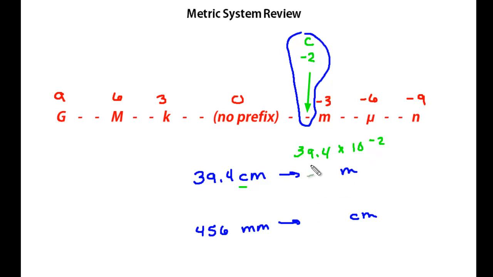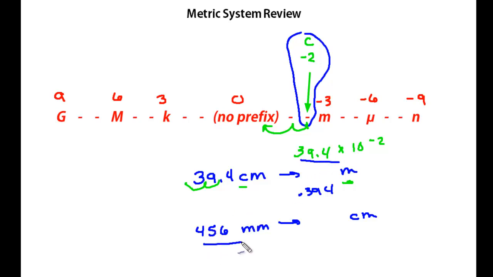Of course, no teacher's going to like seeing it that long. So I also know that I'm going from here to my no prefix, because this has a no prefix in front of it. So I'm moving over 1, 2 to the left. So I'm going 1, 2. So that becomes 0.394 meters, which of course is the same as this number.